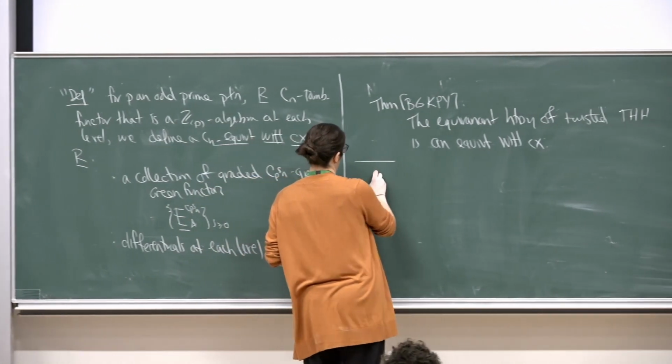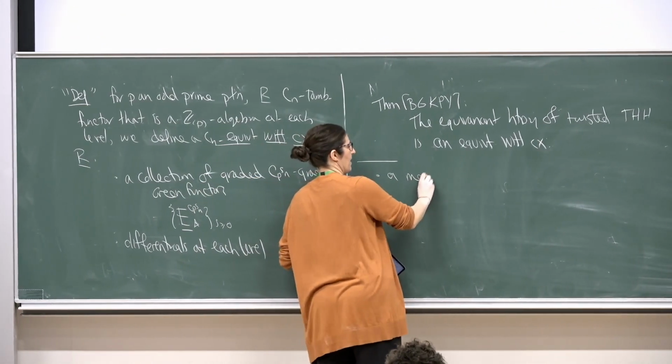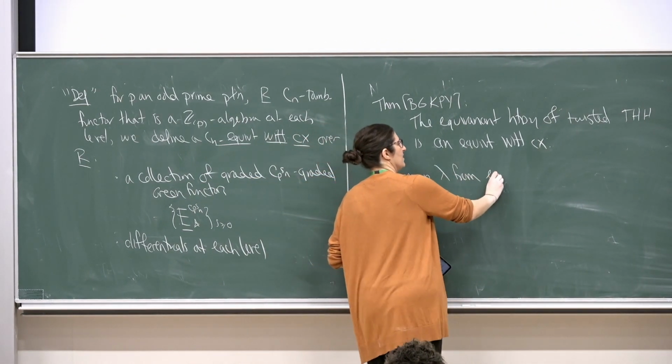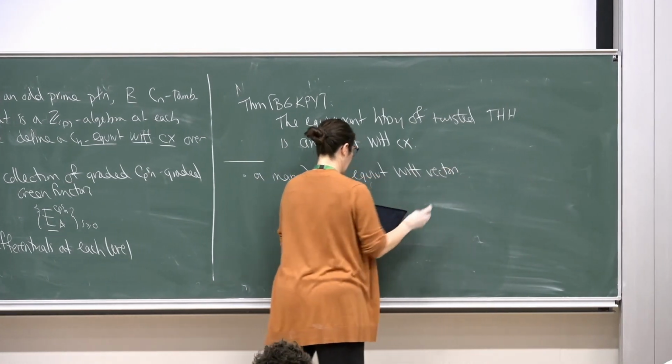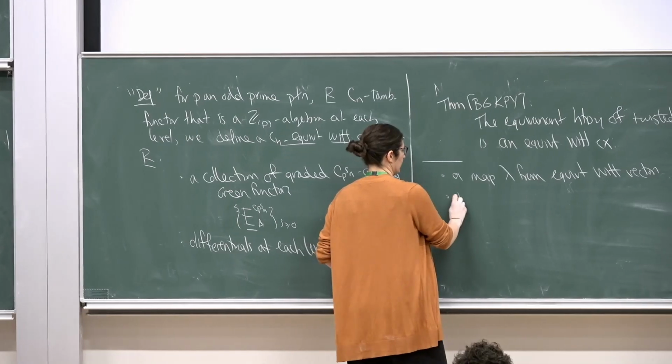I have a map lambda from the equivariant Witt vectors, and then plus relations.